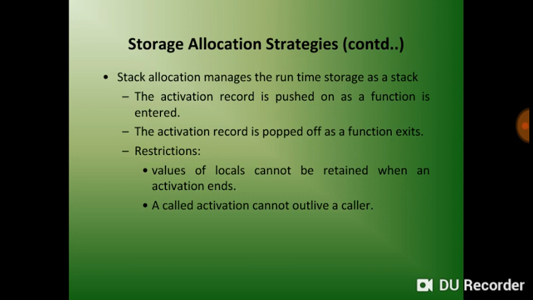Stack allocation manages the runtime storage as a stack. The activation record is pushed on when a function is entered. The activation record is popped off when the function exits. The restriction: the values of locals cannot be retained when the activation ends.